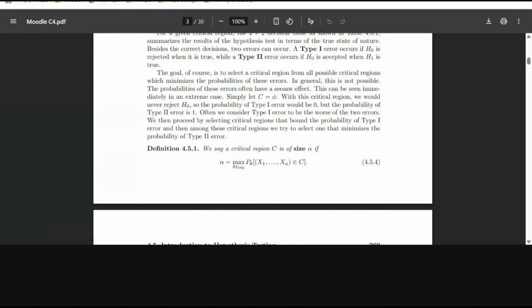So I'm looking for the probability that, yes, when my mu is, yes.